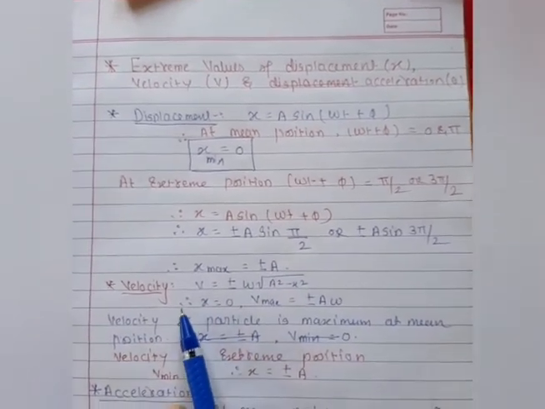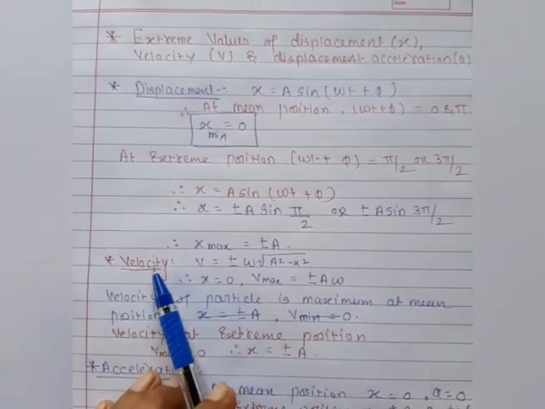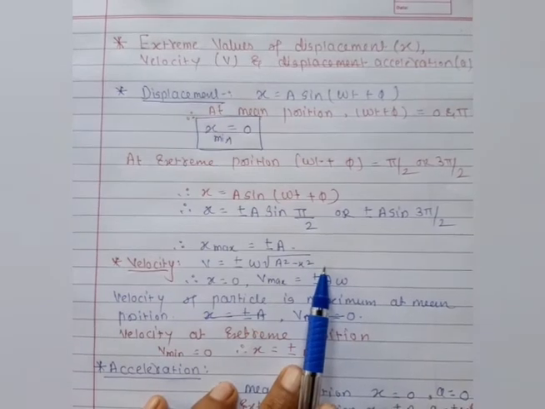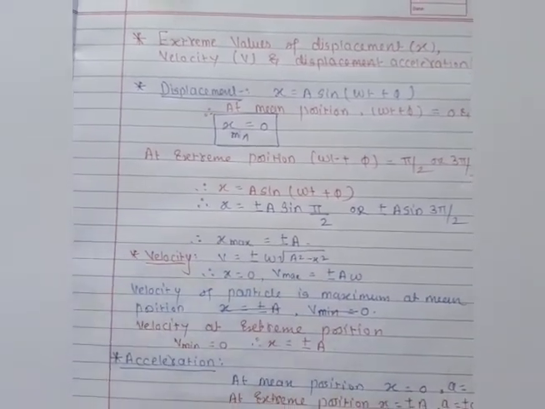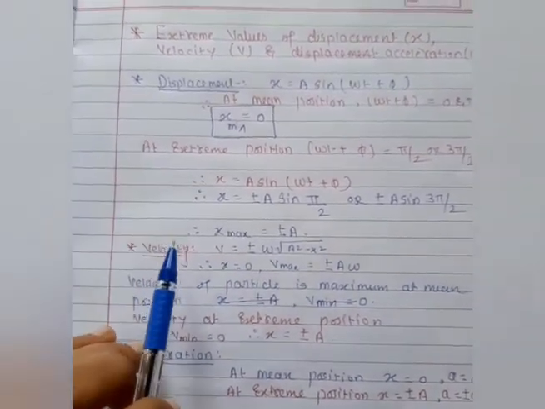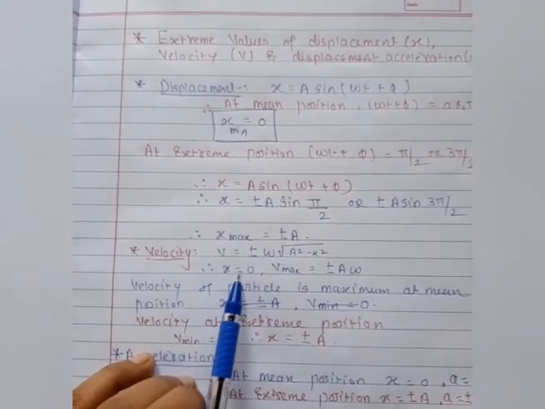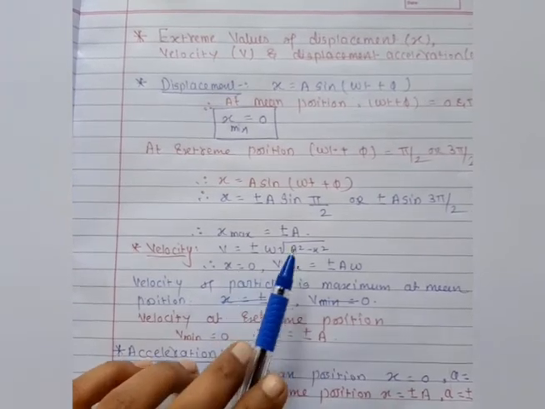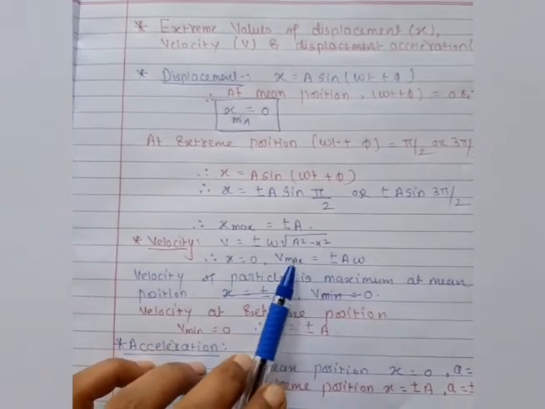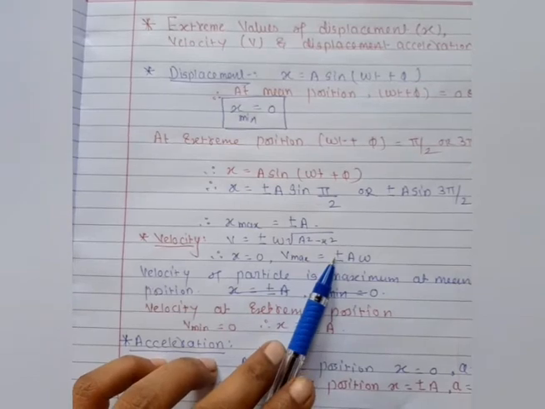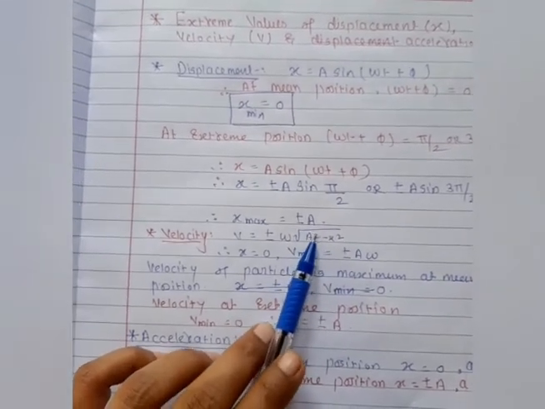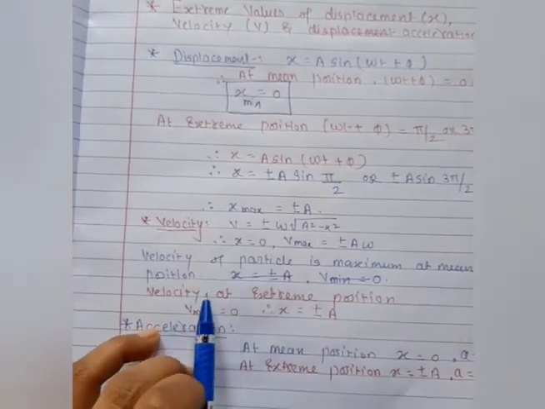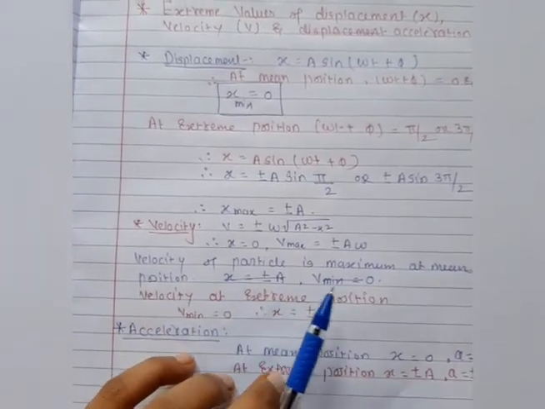And in terms of velocity, students, v is equal to plus or minus omega square root of a square minus x square. At the mean position, the displacement is 0, and when 0 is substituted, we get v max equal to plus or minus a omega, as the square root cancels out. The particle's velocity is maximum at the mean position and minimum at the extreme position.